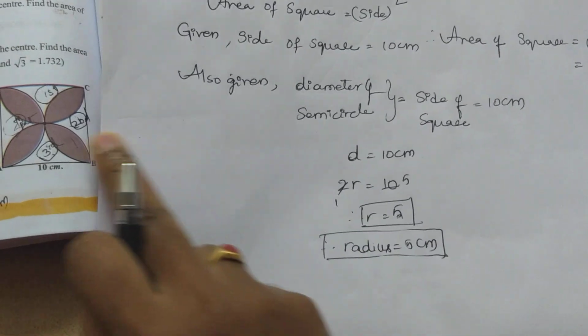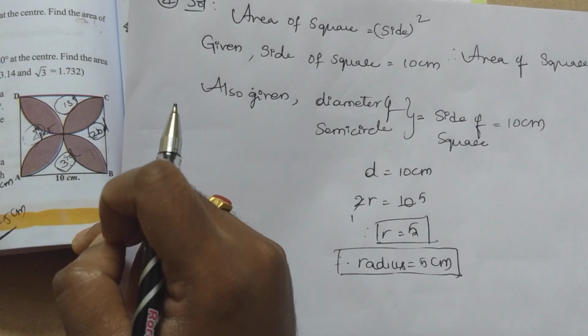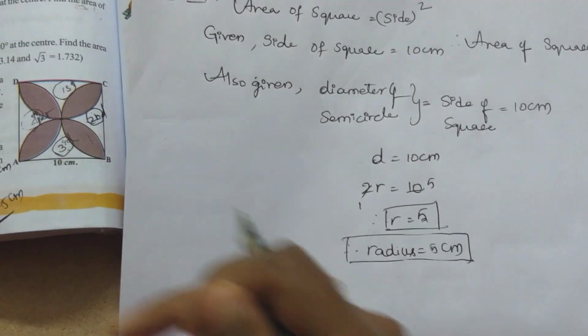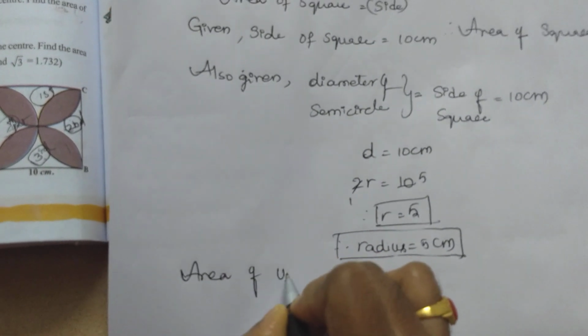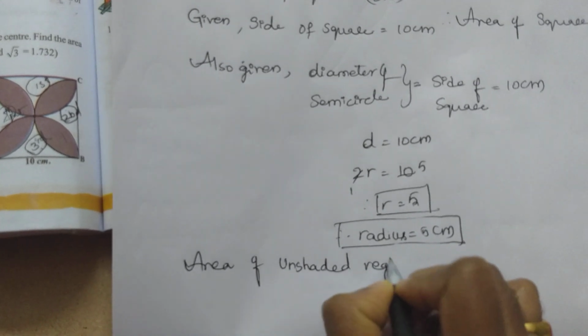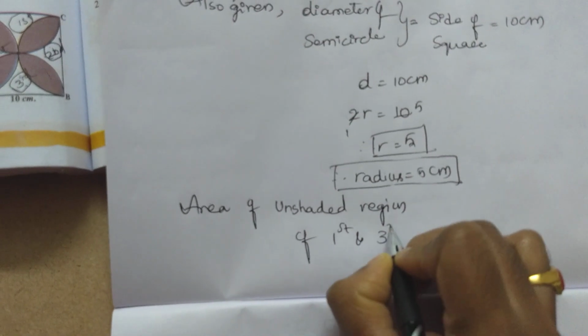So area of the unshaded region of first part and third part equals, write the same thing here, area of unshaded regions, first and third.